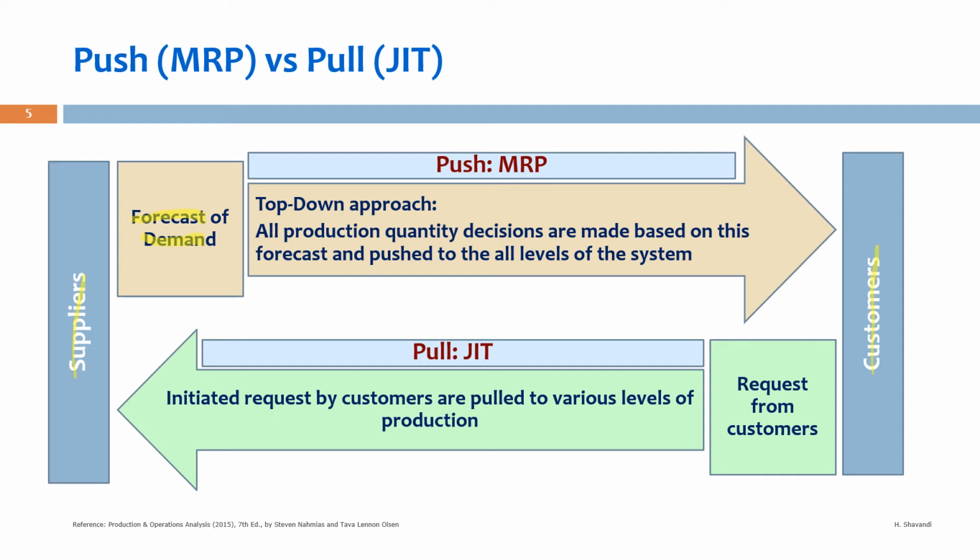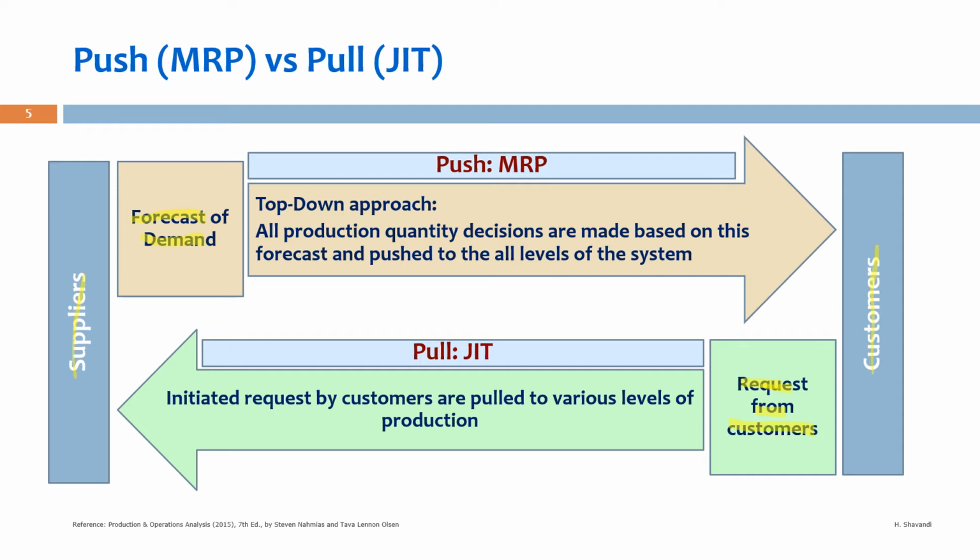But in the pull system or just in time, at first we'll have requests from customers. So in this system, customers will have requests first, and then they will pull the manufacturer to produce their requested items. So here all the levels in the manufacturing and supplier will be based on request.